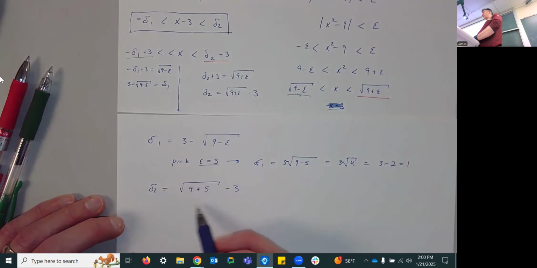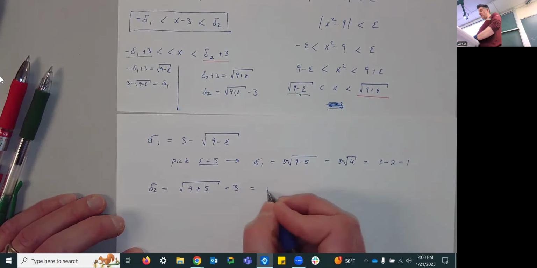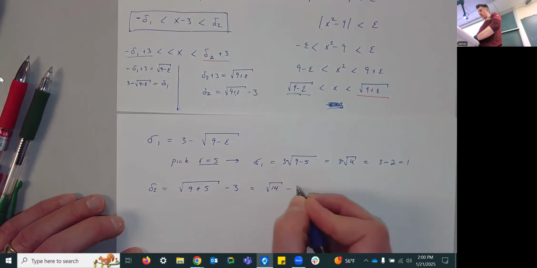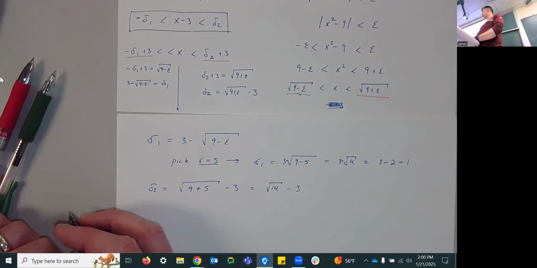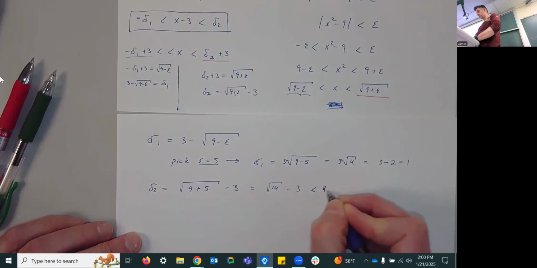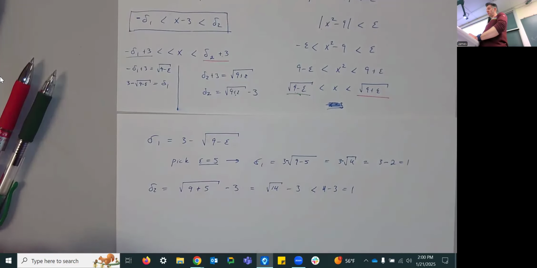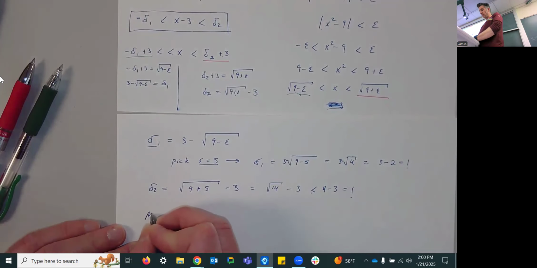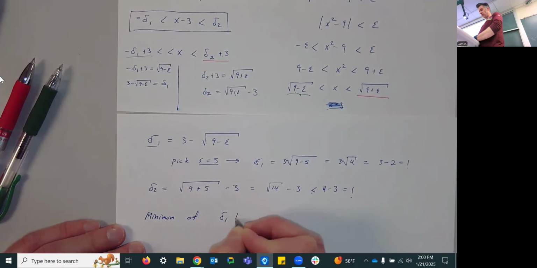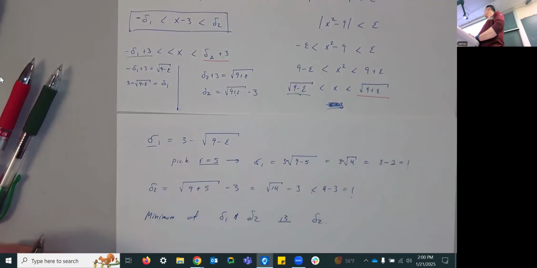And I don't know what the square root of 9 plus 5 is, but I know it's less than 4. Because the square root of 14 is less than the square root of 16. So which one's smaller? Delta 1, which is equal to 1, or delta 2, which is less than 1? Delta 2. So the minimum of delta 1 and delta 2 is delta 2.